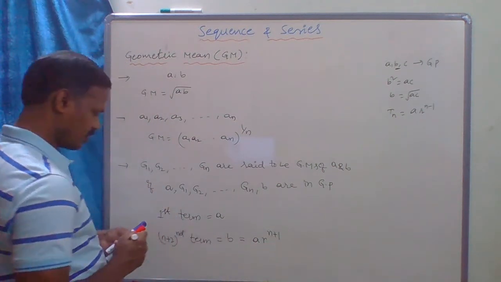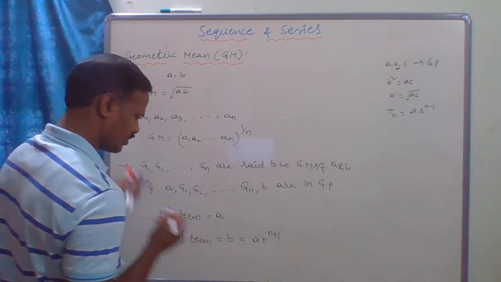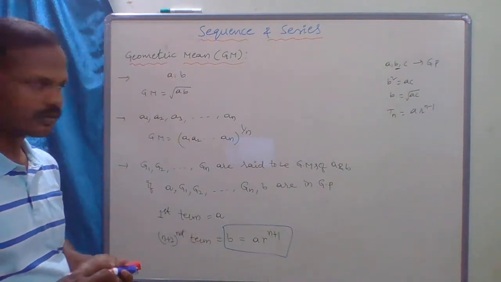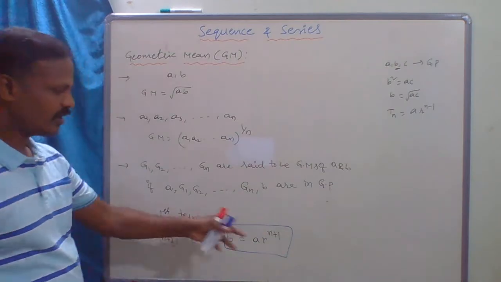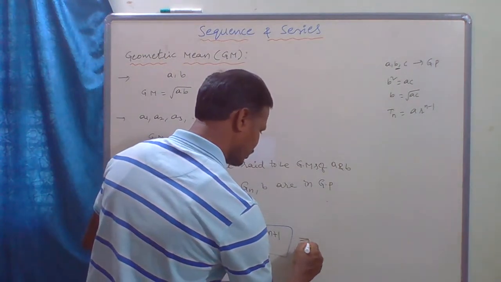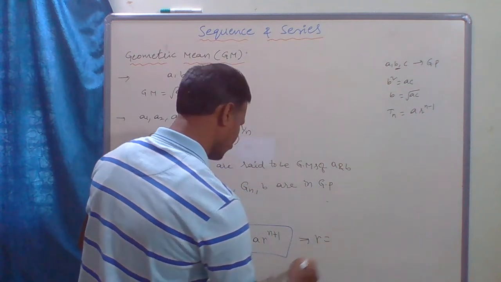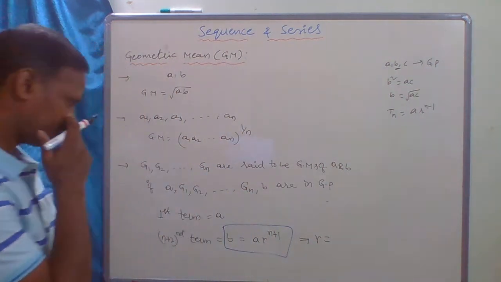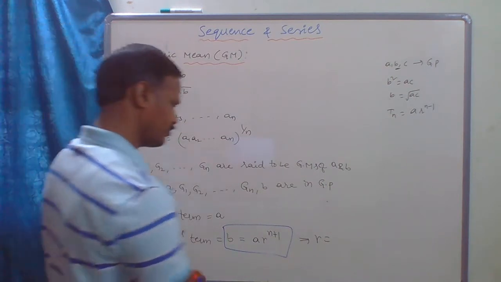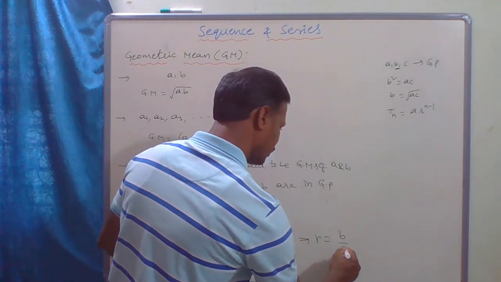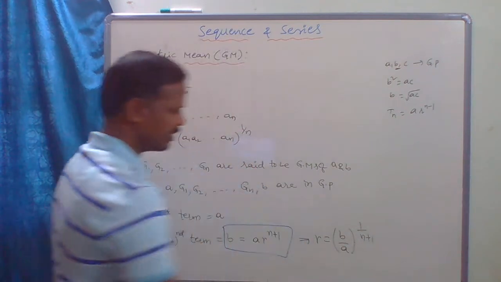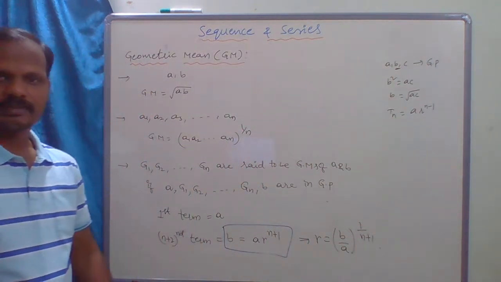Now by using this relation, because we know A and B, we don't know R, R can be written as R equal to B by A whole power 1 by n plus 1. Clear? So this is R.